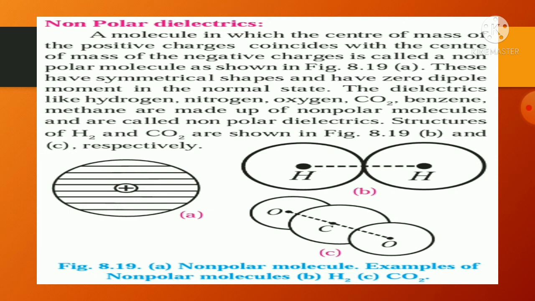And in the carbon dioxide molecule, carbon is placed as the central atom, and two oxygens are on the two adjacent sides of the carbon. In this way, carbon dioxide molecules are formed.